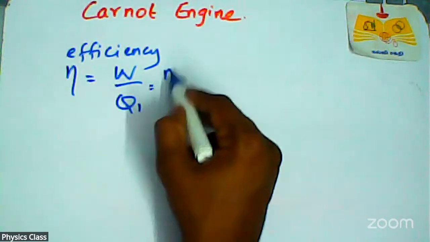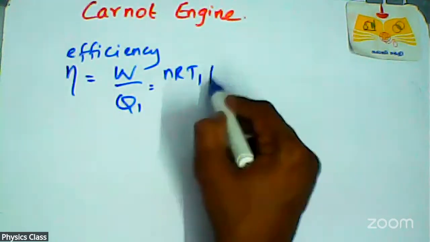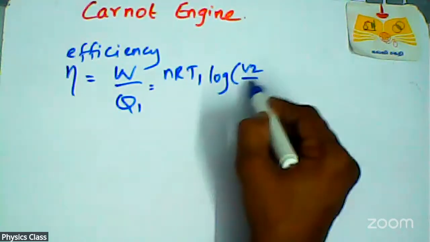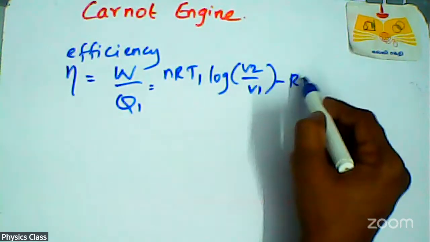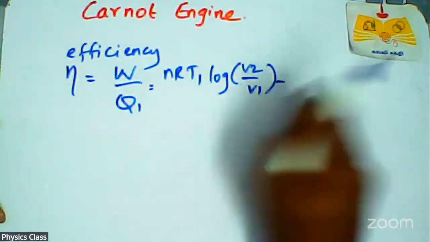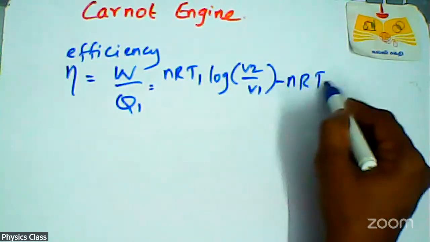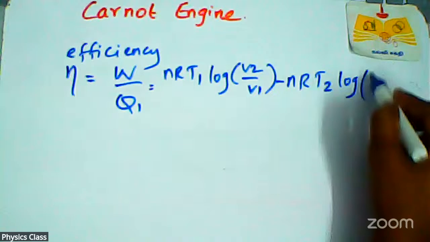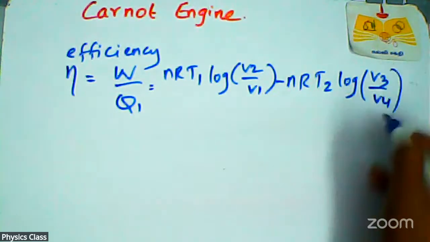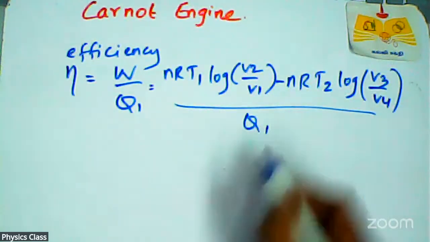W means nRT1 logarithm V2 by V1 minus nRT2 logarithm V3 by V4, which is W divided by Q1.